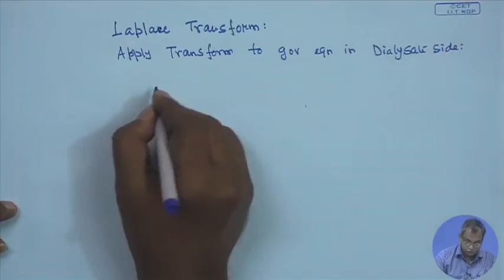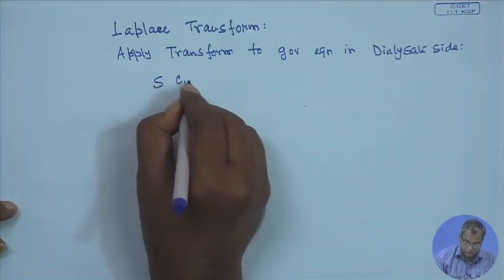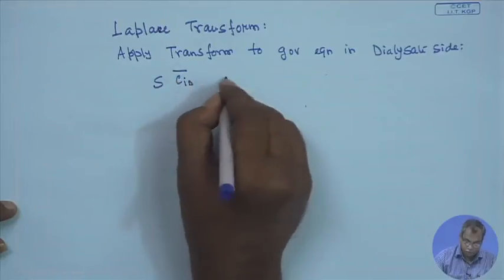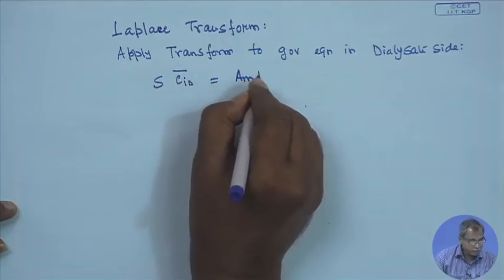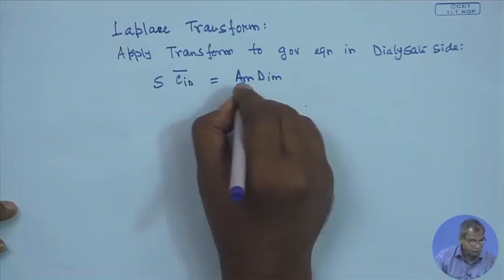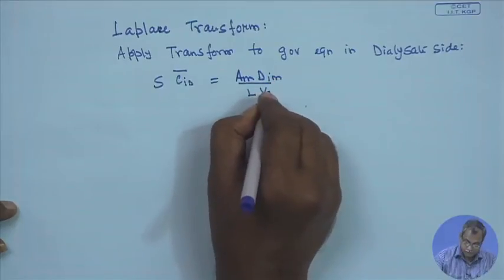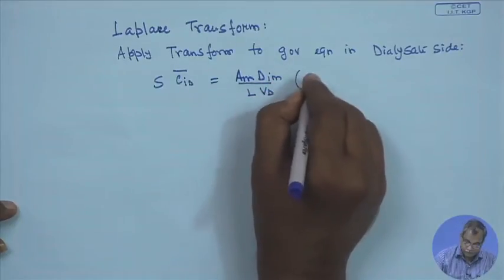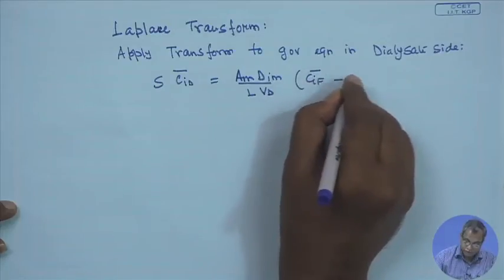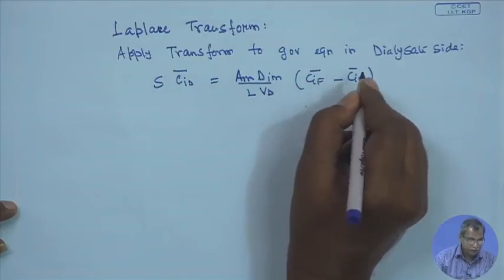If we do that, we get s C_Id bar is equal to A_m D_Im divided by L V_d times (C_If bar minus C_Id bar).